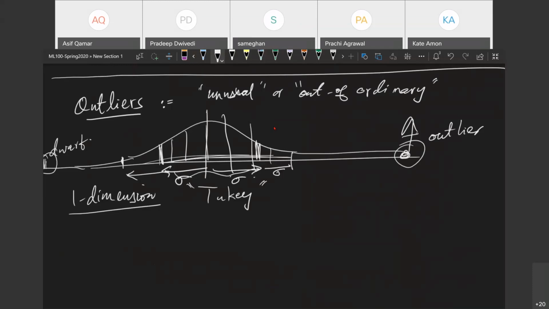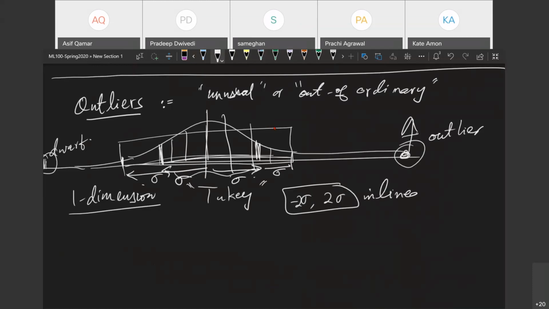So minus 2 sigma to 2 sigma, he called inline data, inliers.